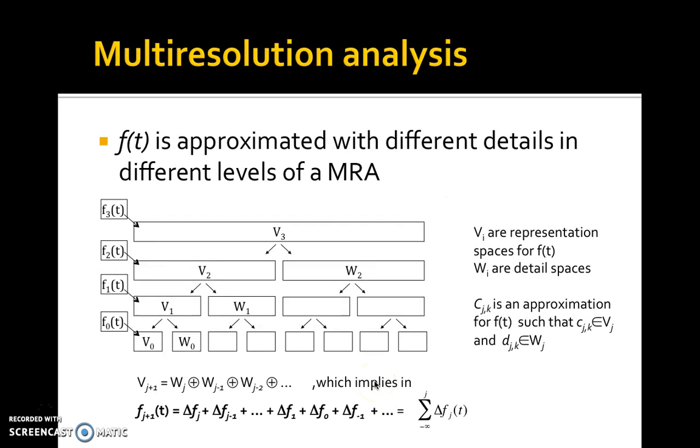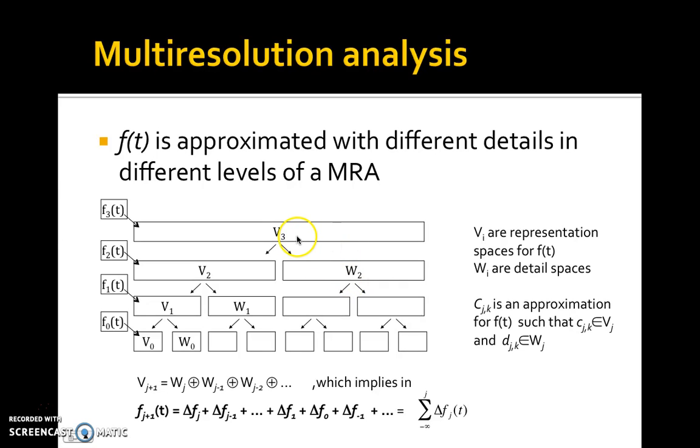The multi-resolution analysis is a recursive operation in nature. A signal of interest is approximated with different details in different levels of a wavelet multi-resolution analysis. For example, the signal f(t) can be approximated in the space of representation V3, and it can also be approximated in other levels of the analysis.